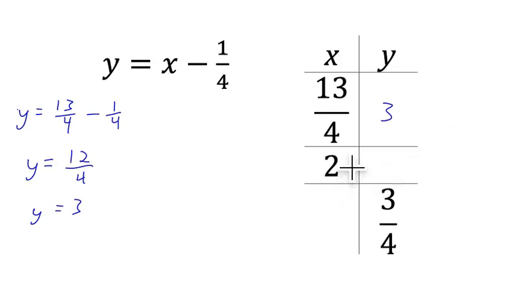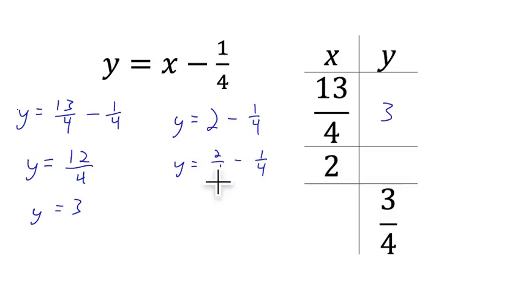All right, now here we have an input of 2. So we have y equals 2 minus 1/4. So we just have some arithmetic to do here. We can turn the whole number into a fraction.